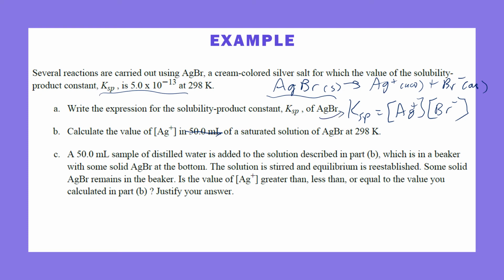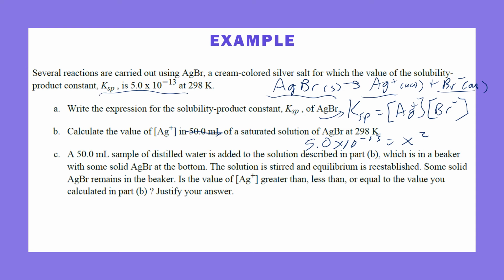And since it's just silver bromide being dissolved in water, I know that when silver bromide dissolves, it's going to dissolve in a 1-to-1 ratio, 1 silver to 1 bromine. So these two amounts will be the same. So effectively, I can just do the KSP, which is 5 times 10 to the negative 13, is equal to x times x, or x squared.